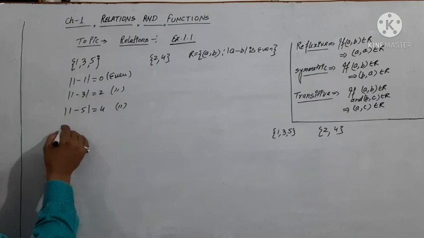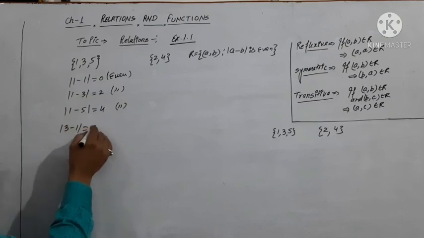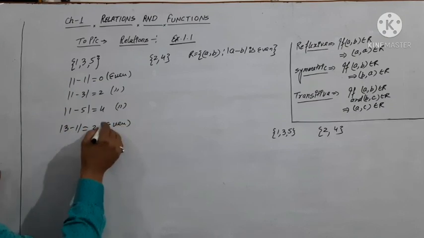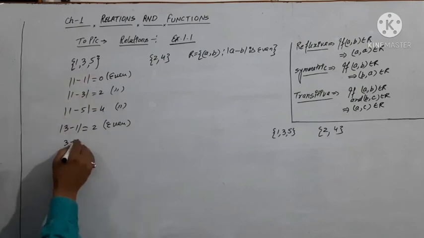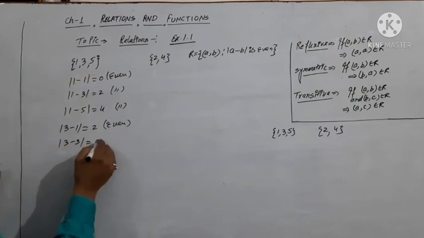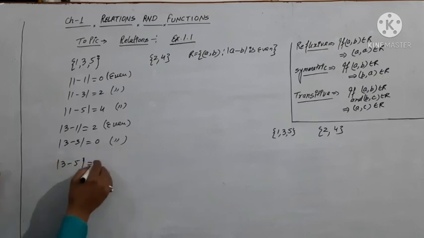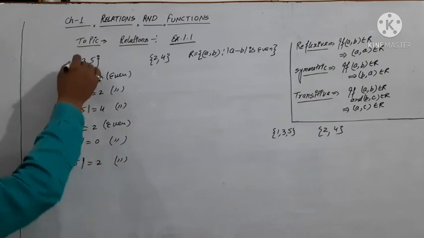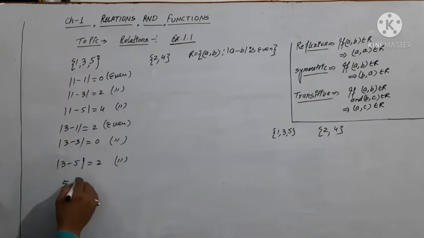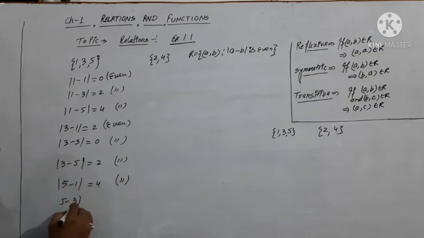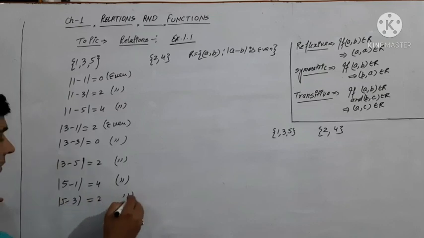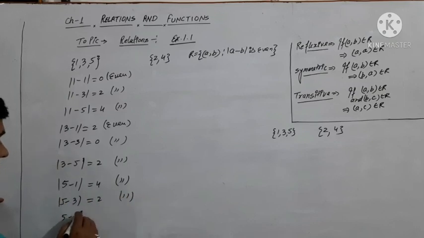Now for 3, beta: 3 minus 1 is 2, even number; 3 minus 3 is 0, also even; and 3 minus 5 is 2, also even. Now taking for 5: 5 minus 1 is 4, even number; 5 minus 3 is 2, even number; and 5 minus 5 is 0, also even.